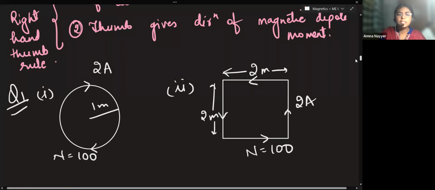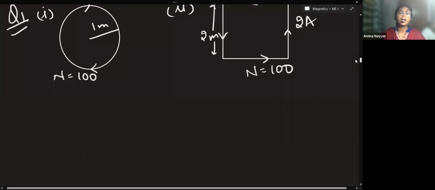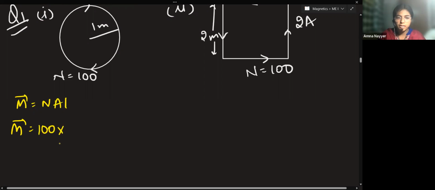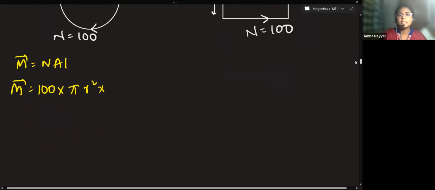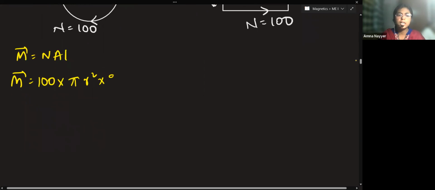Question. See, a circle and a square are given. Now, magnetic dipole moment will be NAI. The number of turns is given as 100. Area will be pi r square. And current is how much? 2 amperes. In both the coils, it is 2 amperes.